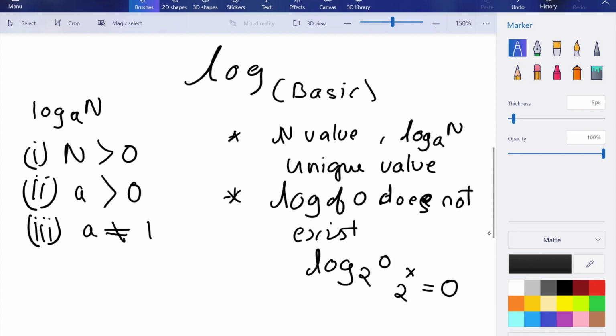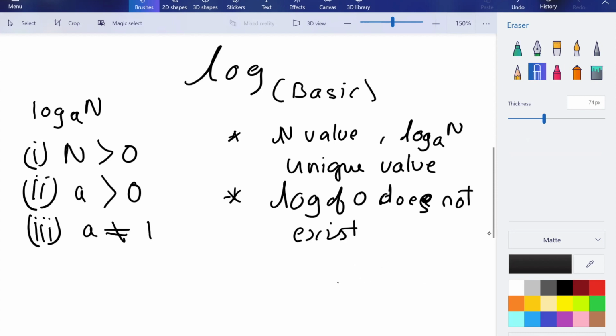Let's take x as the exponent. Now, what 2 raised to what will give us 0? We don't know, because x is not defined. We cannot represent 0 in exponential form either. That is the main reason we can't represent log of 0.